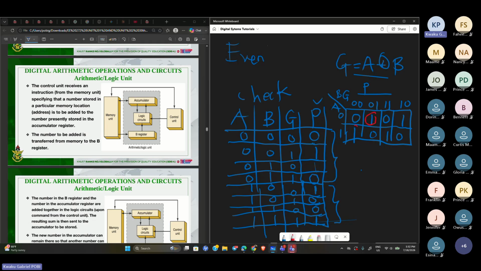If we are supposed to write the expressions one by one, you still end up with XORing of the 3 inputs. So it means P here is basically A XOR B XOR with G. That's all. Please, is that clear?